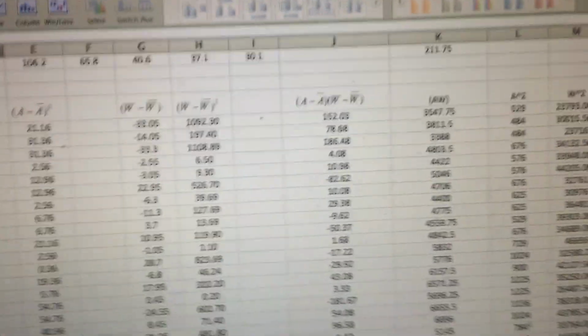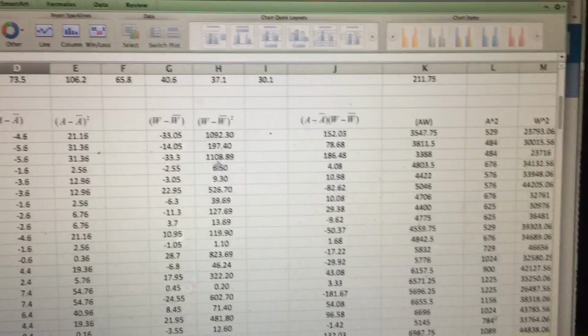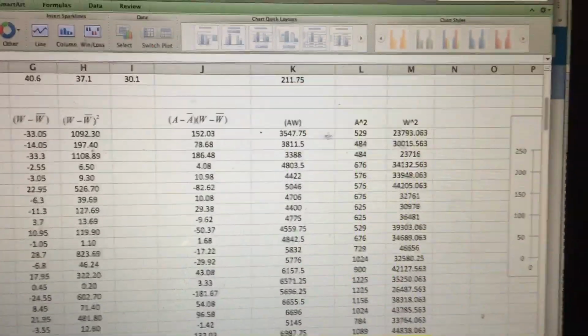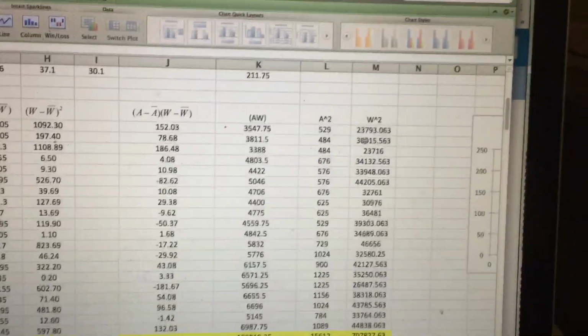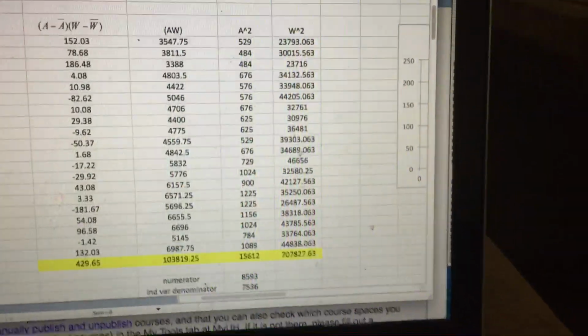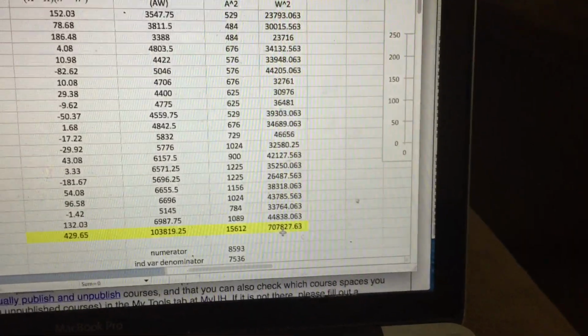So again, this one means that we took each of the dependent variables. We squared each of the dependent variables, and then we added it all up, and we've got the sum.